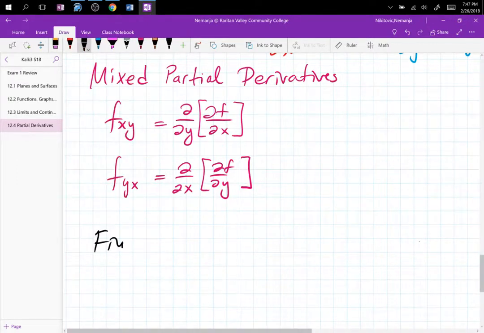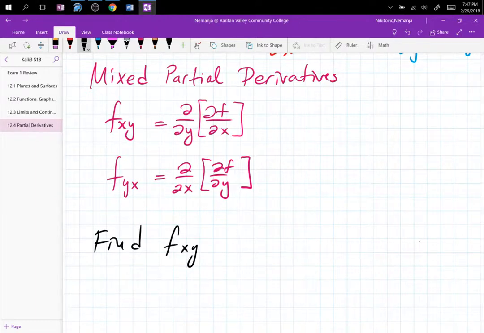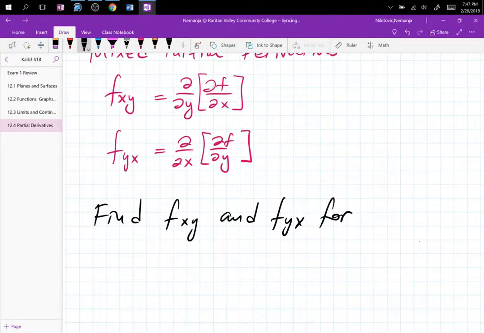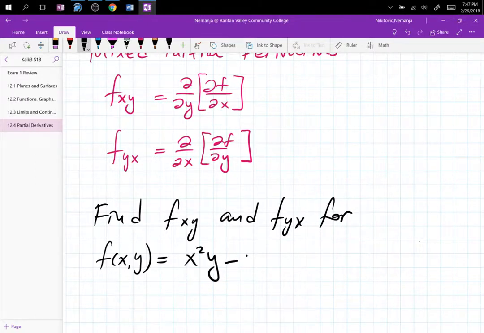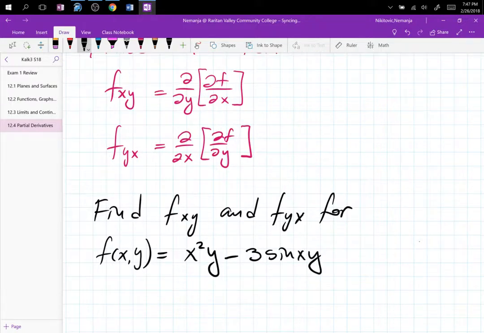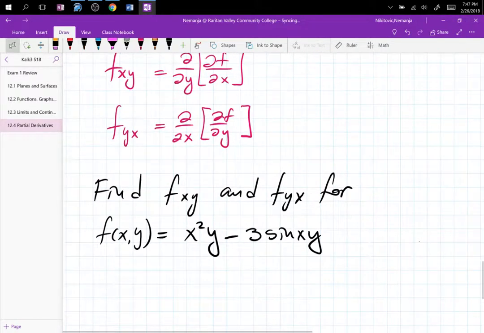Find fxy and fyx for f equals x squared y minus 3 sine xy. So find both, and please check it with people next to you, around you.